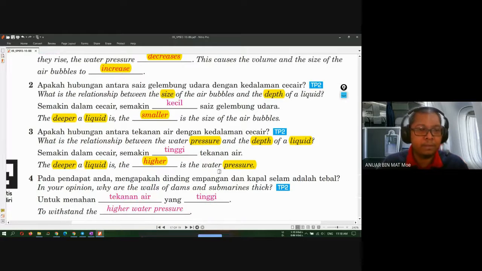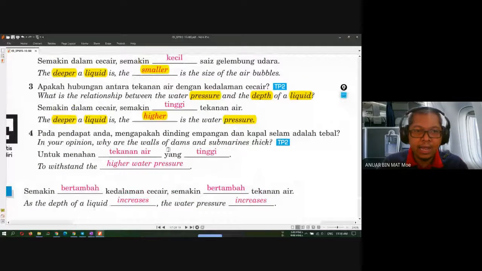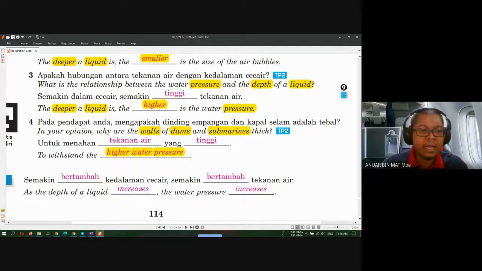Okay, all right. In your opinion, why do the wall of the dam and the submarine have a thick wall? Okay, to withstand higher water pressure. This also I already explained to you on Monday. Okay, so the conclusion is as the depth of the liquid increases, the water pressure also increases.